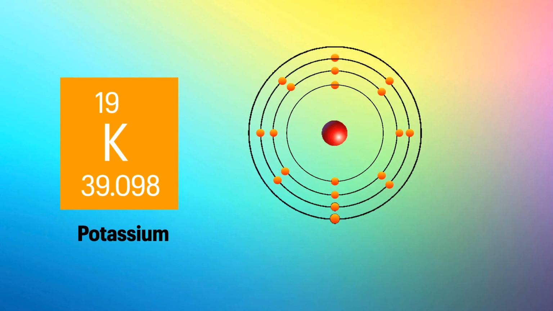Potassium, atomic number 19. That means the number of electrons is also 19. So 2 electrons will be present in the first shell, 8 electrons in the second shell, 8 electrons in the third shell and the remaining 1 electron will be present in the fourth shell. So the electronic configuration is 2-8-8-1.